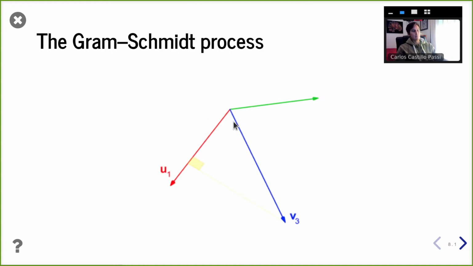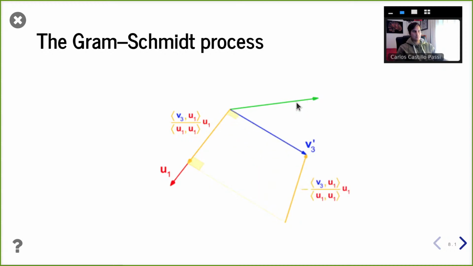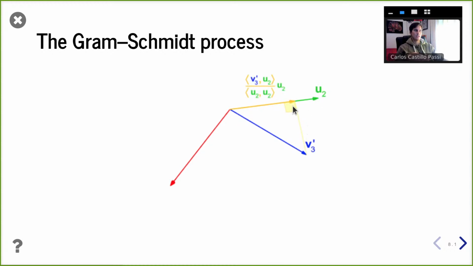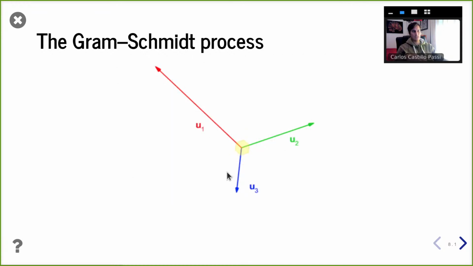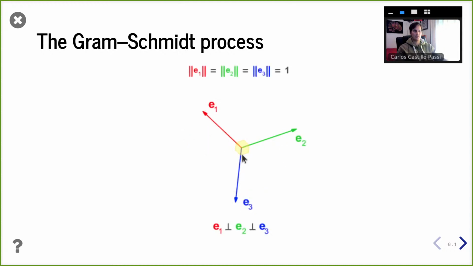Basically, you start with a vector and you normalize it and save it. Then, to the other vectors of the basis, you start removing the contribution that is parallel to the first vector, like this. You're removing that part of the vector. And you iterate over all the vectors, and that will give you an orthogonal basis. And then you divide by the norm of the vector, and you get an orthonormal basis.